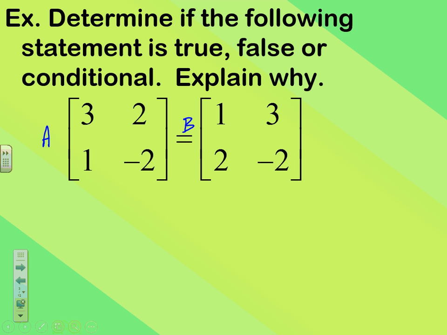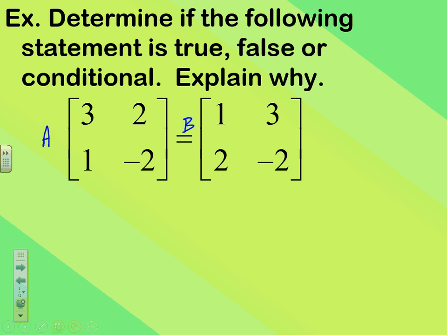In matrix B, I have a 3, a 1, a 2, and a negative 2. Every number in the first matrix and every number in the second matrix are the same, so the values from one matrix to another are the same. But are they equal to each other?